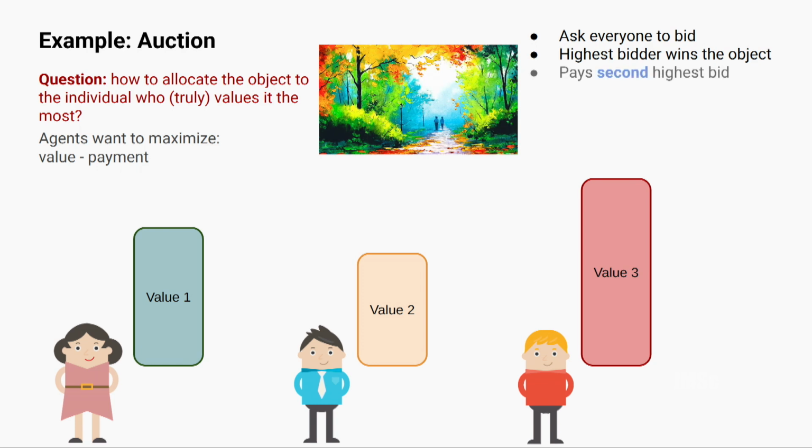Now, the interesting part is I am asking you not to pay your bid, but rather the second highest bid, right. So, if everybody has revealed their values in this way, then the third person will actually win according to this protocol, and he will pay the value 1, which is the second highest bid, right.